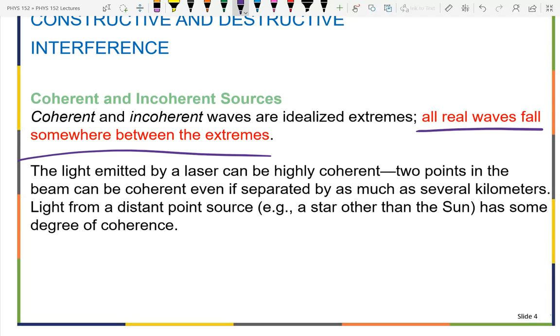So you don't have a strong phase relationship with that. Yet we did see that our glasses worked with that, because it has a very short wave train, but it does have some coherence. So all real waves fall somewhere between completely coherent and incoherent, and it was enough coherence for our glasses to work with that.